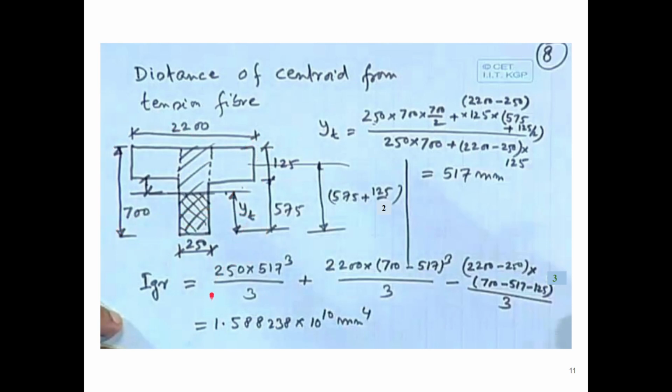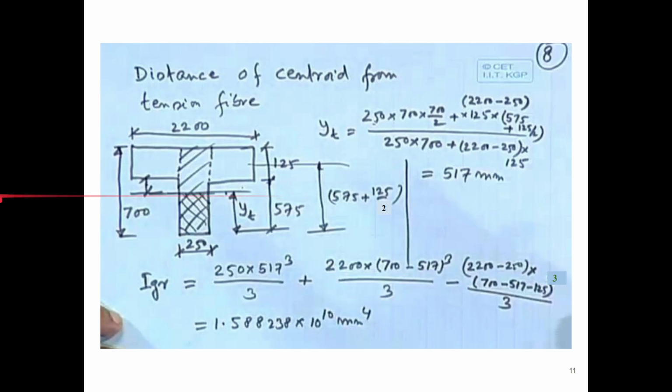So that is 250 into 517 cube, the Y2 or YT value, divided by 3, plus 2200 into 700 minus 517, the whole cube, by 3, minus these two portions: 2200 minus 250 into 700 minus 517 minus this 125, whole cube, divided by 3.